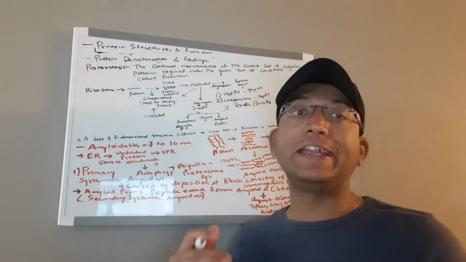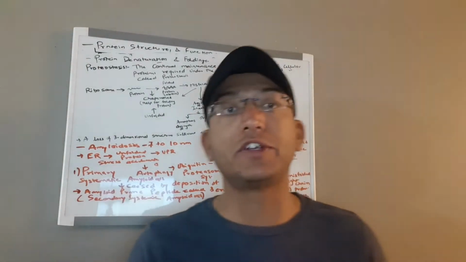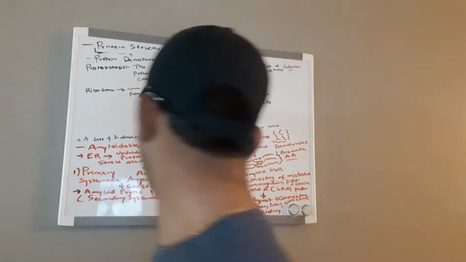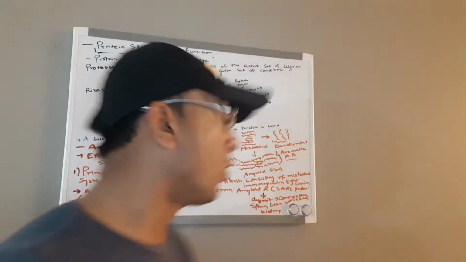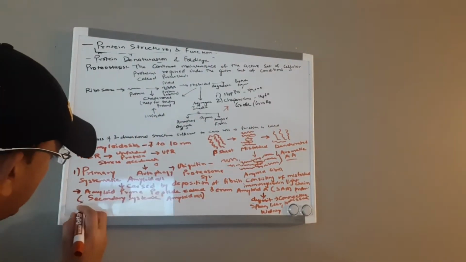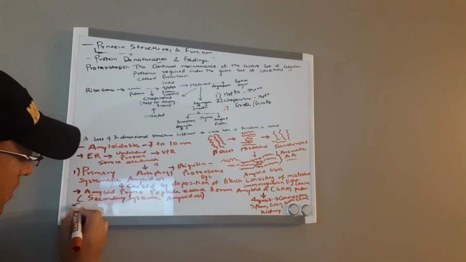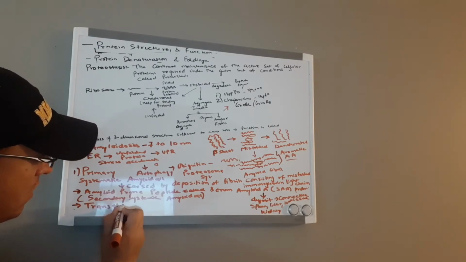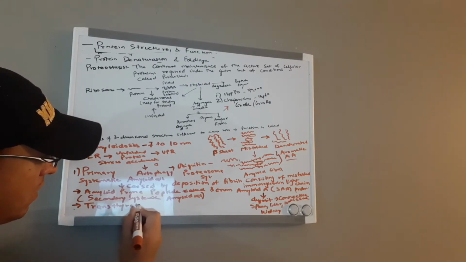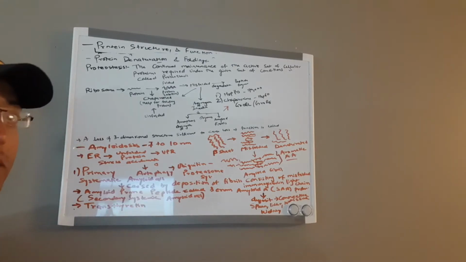More than 80 amyloidoses are associated with mutations in transthyretin. So this is two types, and there is another type. There is a protein known as transthyretin.